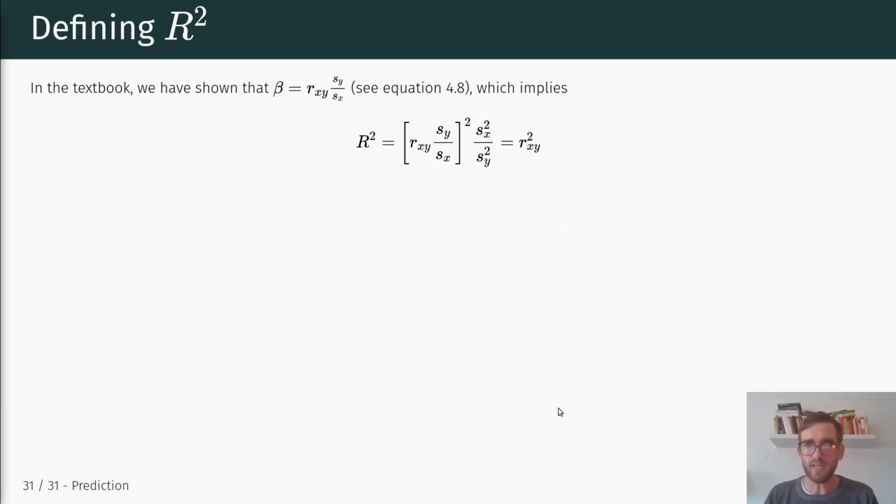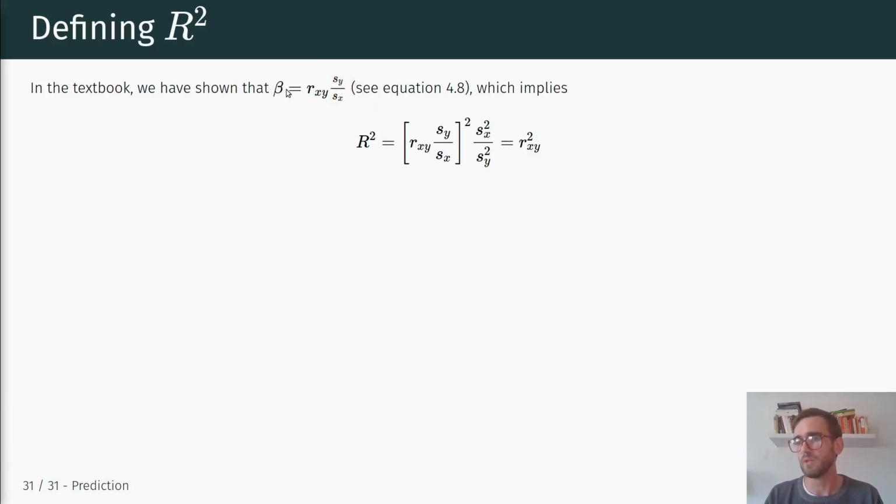In the textbook, this was equation 4.8 in chapter 4. We have also shown that in the bivariate case, beta is equal to the correlation coefficient between x and y, weighted by the standard deviation of y divided by the standard deviation of x.